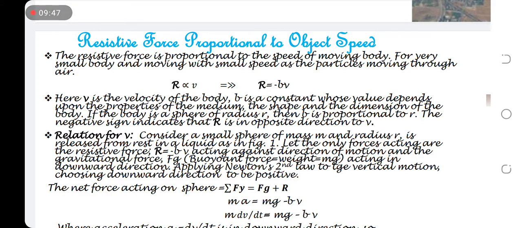Properties of medium means the nature of the fluid, whether it is air, water, or any other fluid. And shape means whether it is a rod shape, sheet shape, plane shape, cube shape or sphere shape. And dimension means its size, that is length, breadth, height in case of a cube or any other cuboid, rod or plane sheet, and the radius.